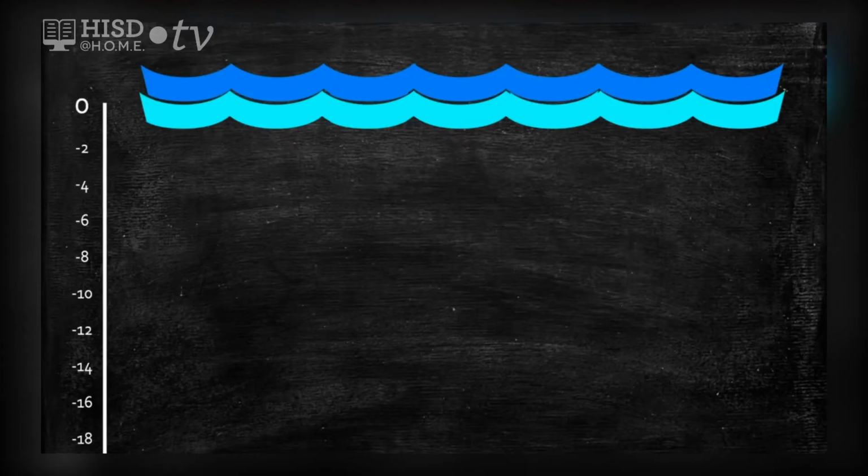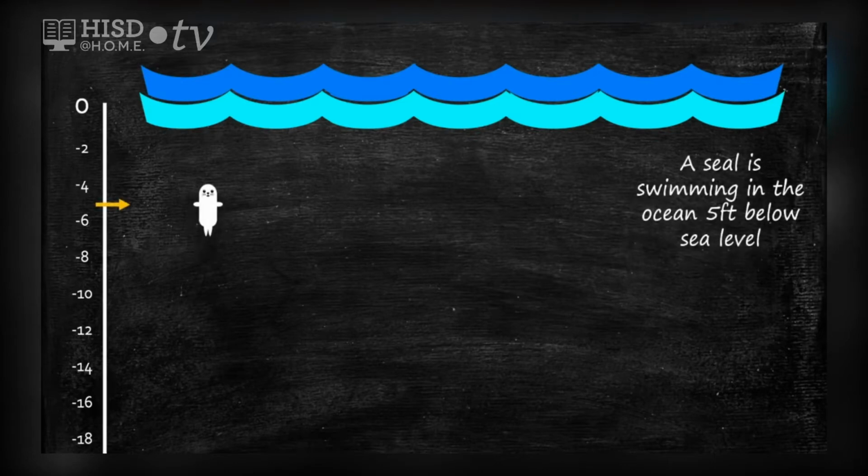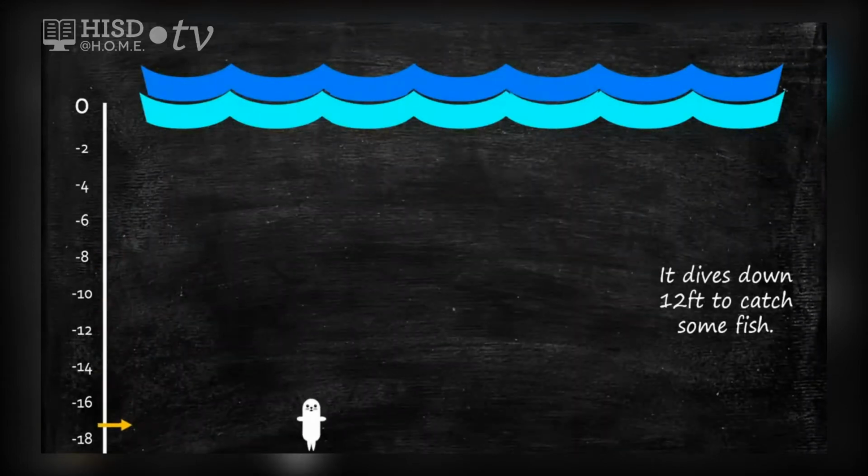The following problem says, a seal is swimming in the ocean 5 feet below sea level. So that means that on our number line, we're gonna be at -5. Then the seal dives down 12 feet to be able to catch a fish. So now we can see that the seal is at -17 feet.